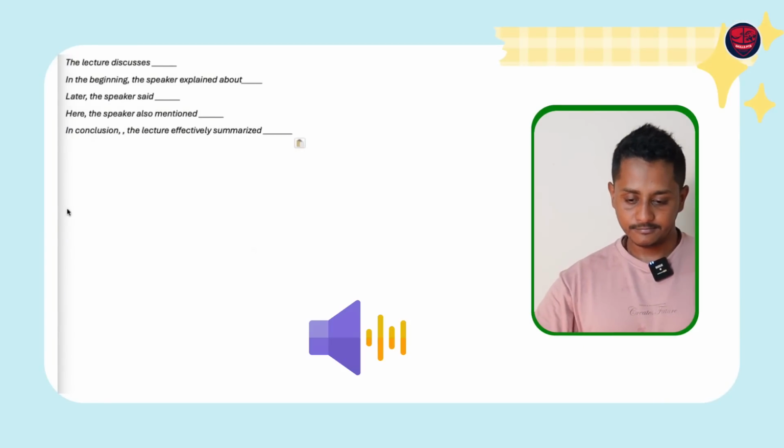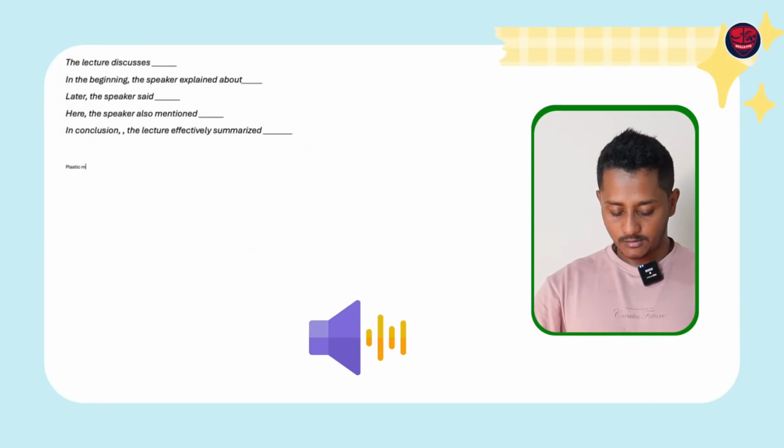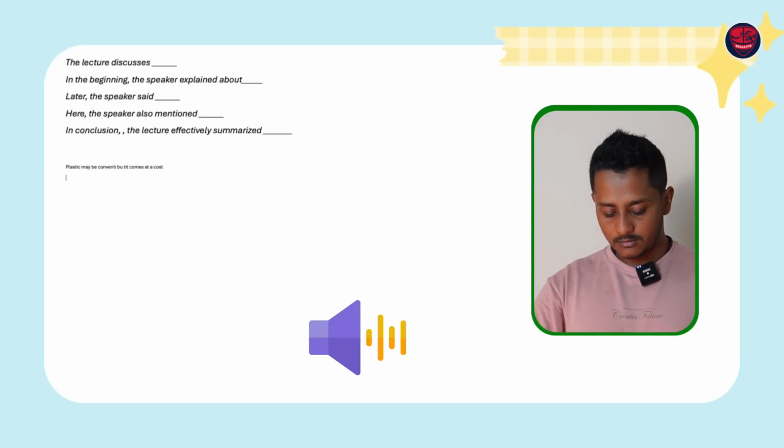Plastic may be convenient, but it comes at a cost. Most plastics take hundreds of years to decompose, polluting land and oceans. Animals often mistake plastic for food, leading to injury or death. Microplastics, tiny broken down pieces, are now found in water, air, and even human bodies.